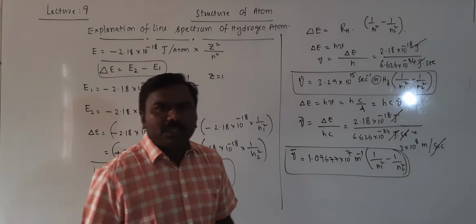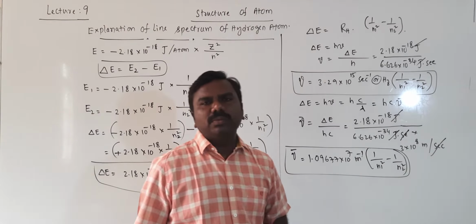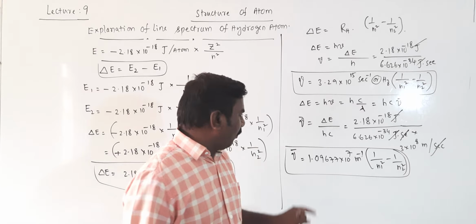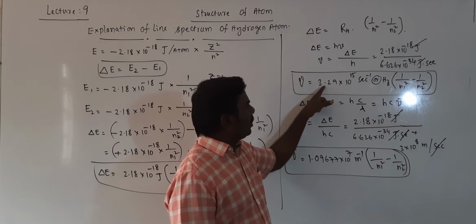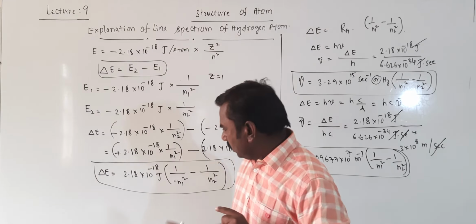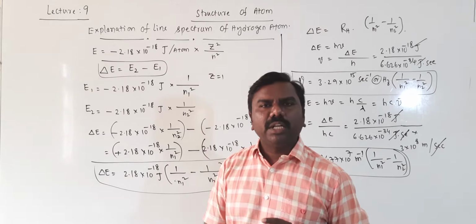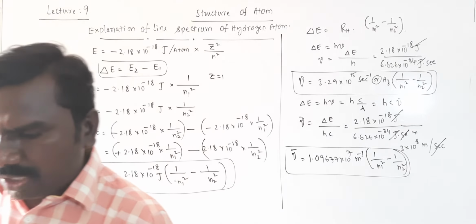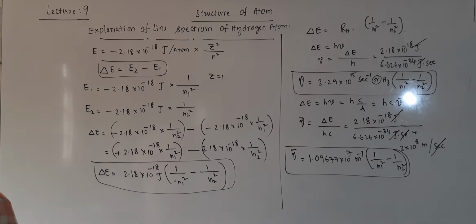Very important. This is also the RH value in terms of wave number, the RH value in terms of frequency, and the RH value in terms of energy. That is very important, students.